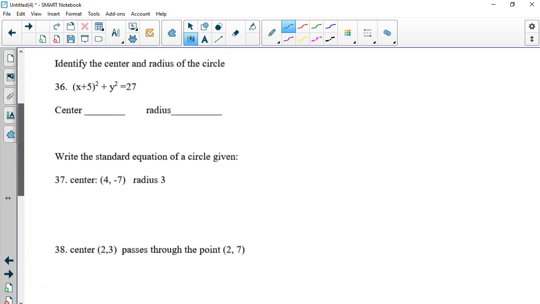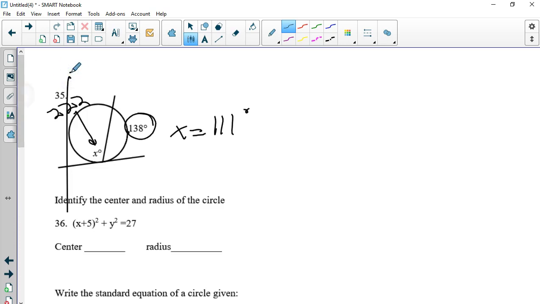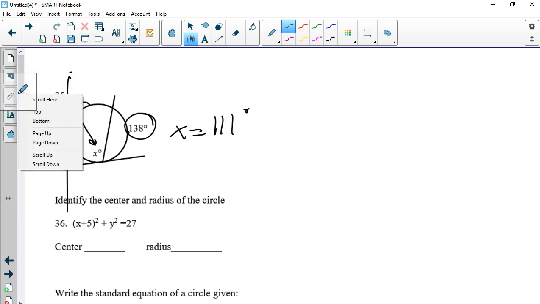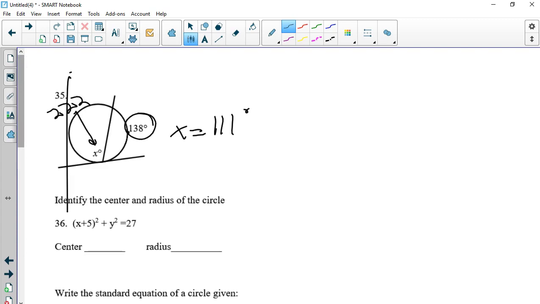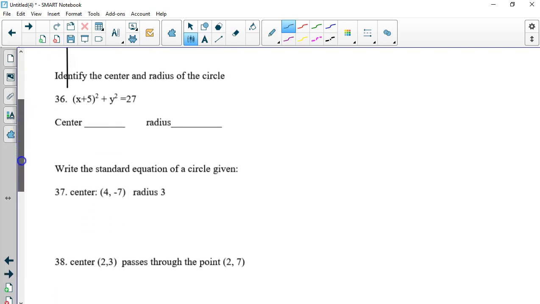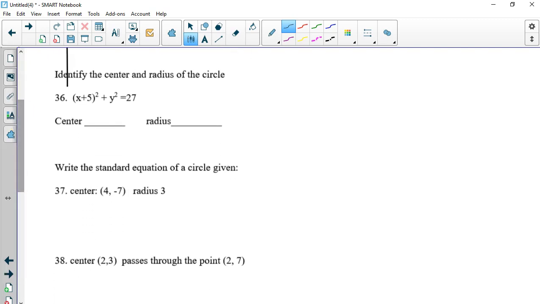All right. Identify the center and the radius. Well, remember, the important thing here is not to say that the center is 5 comma anything. Remember, this is really x minus negative 5 squared.